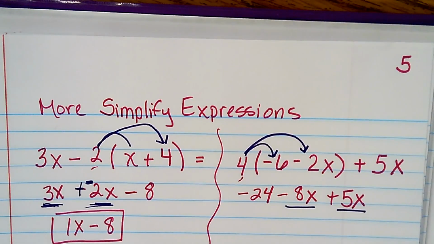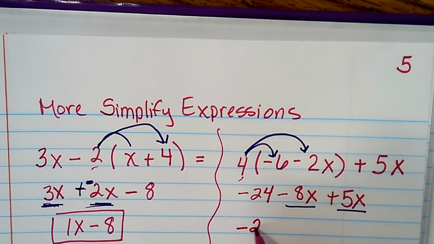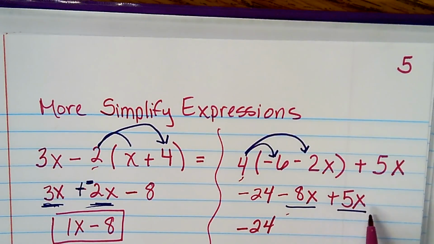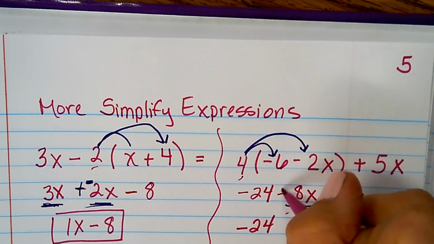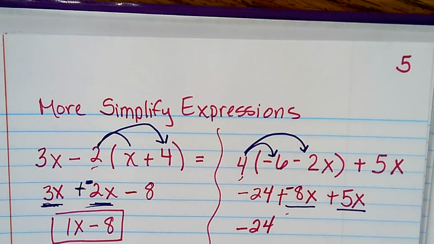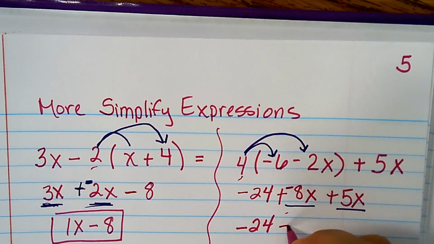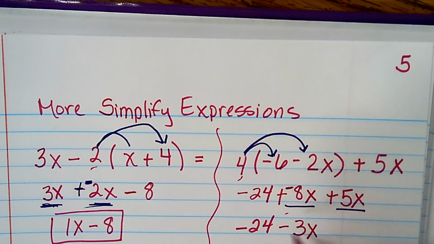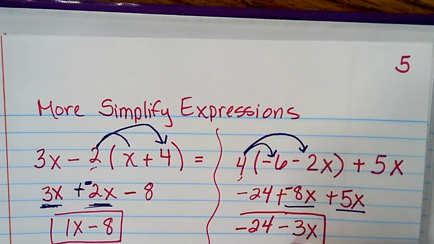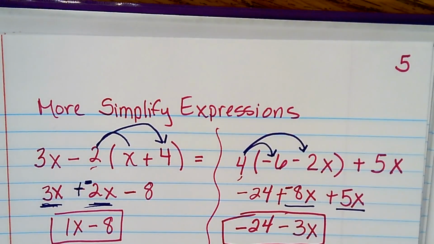No. So we're going to leave it there. I can change this to adding the opposite. So I have a negative 8x and a positive 5x added together. What is that? Negative 3x. Any questions?